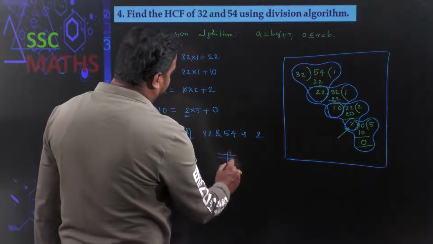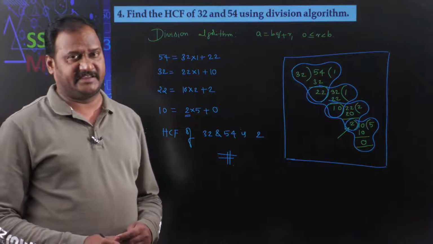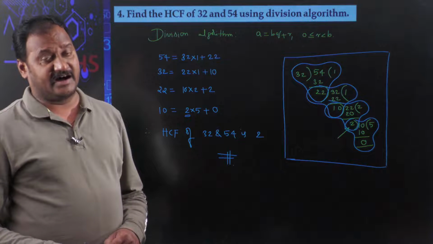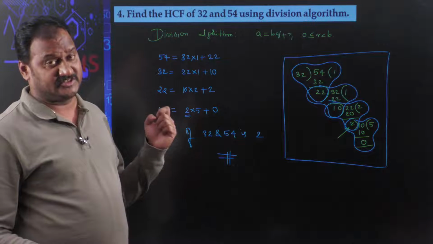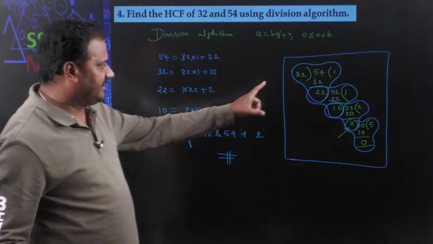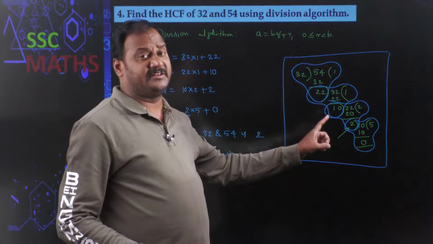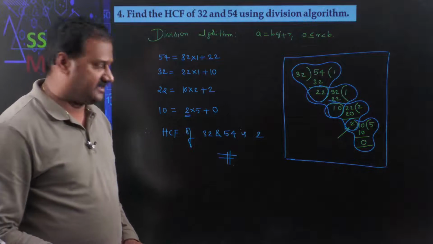This is the way of finding the HCF of two numbers by the division algorithm, or by using Euclid's division lemma. Another name for the division algorithm is Euclid's division lemma. So please do remember the procedure, and then easily you can write every single step, right?